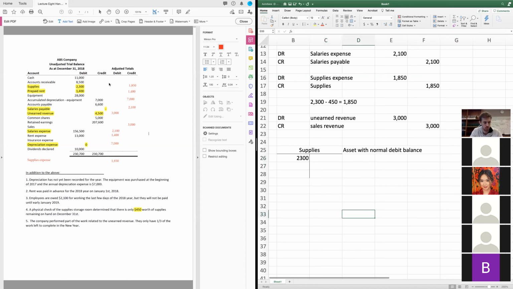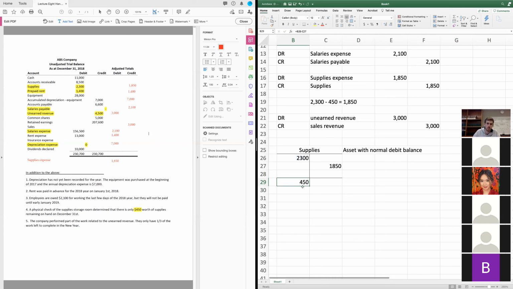And now you have a credit of 1,850. Which side are you going to put the 1,850 on if it's a credit? On the right. Now, what's your ending balance? Your ending balance is this minus this, 450.